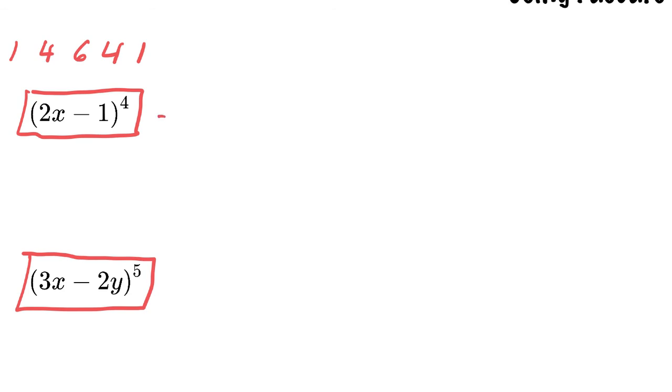So my first term is going to be 1 times (2x) to the 4, (negative 1) to the 0. Notice that 4 and 0 add up to 4. The second term is going to start with a 4, and then it's (2x) cubed, (negative 1) to the 1, and again those exponents add up to 4.